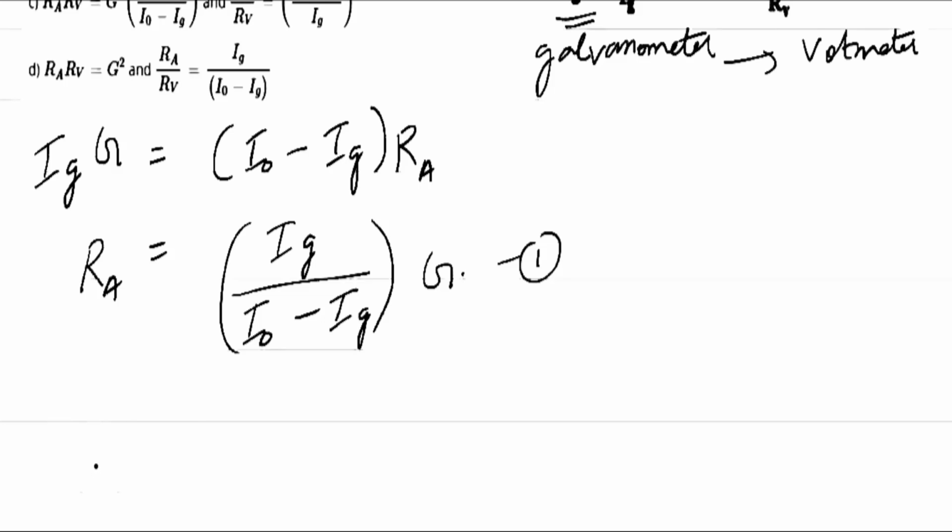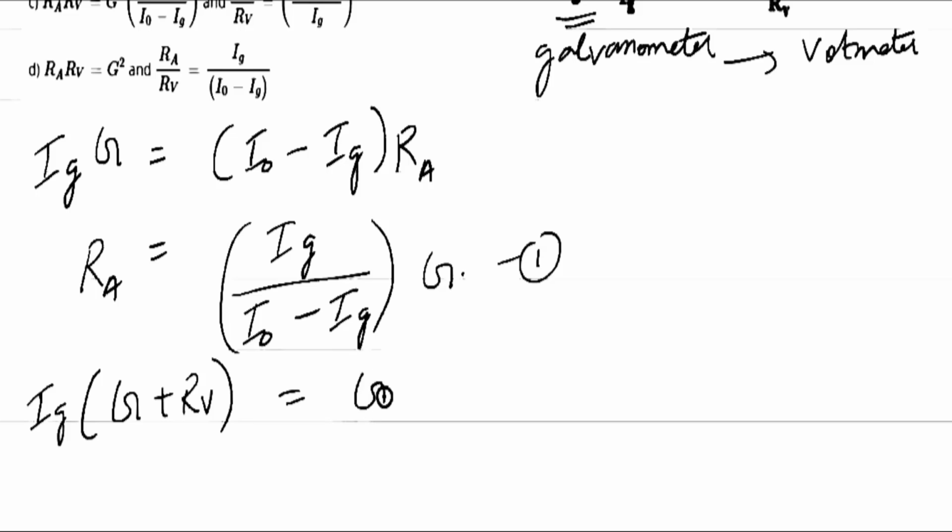Similarly, when the galvanometer is used as a voltmeter, we get the relation: because both are in series combination, it is Ig times (G plus RV), where RV is the resistance of the voltmeter, is equal to G times I naught.